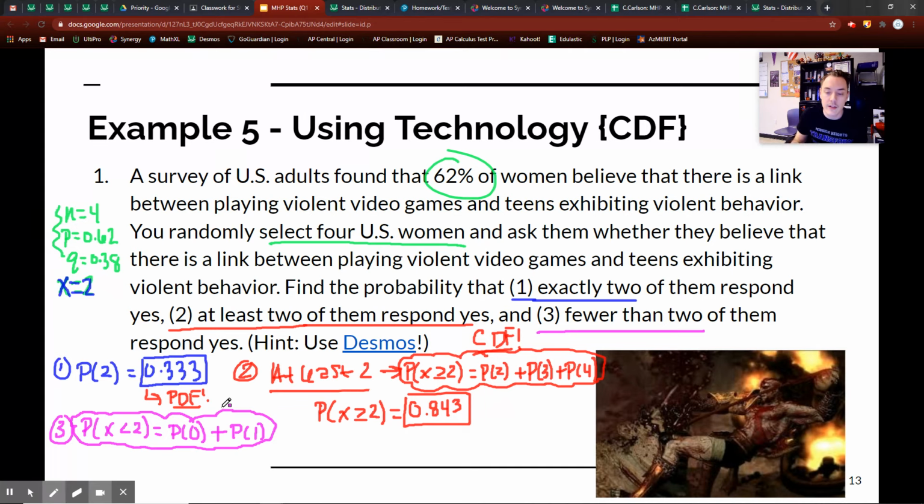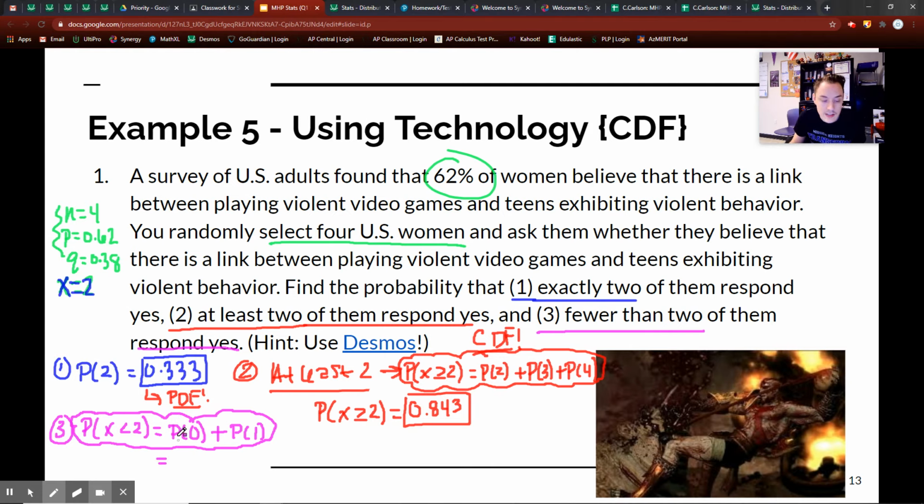But if I'm saying fewer than $5, then you can only give me 4, 3, 2, 1, or $0, right? The same thing is true here. If I say fewer than 2 respond yes, that means 0 of them can respond yes, or 1 of them can respond yes.